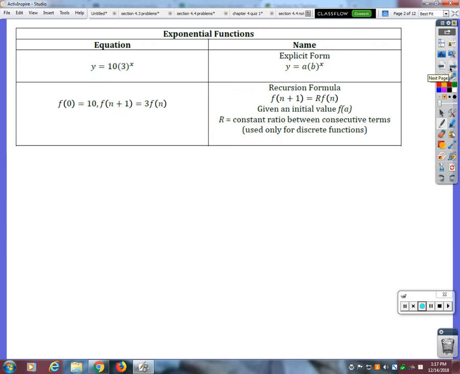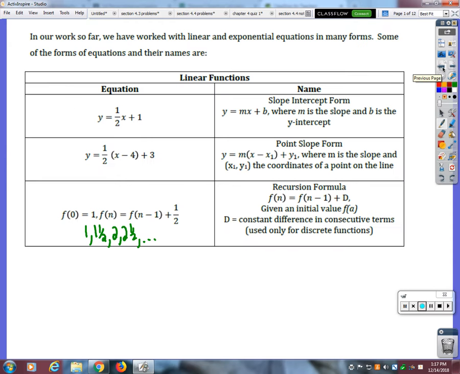Then we also did the exponential functions, which is where you're multiplying. So this right here where it says f of 0 equals 1, this is your starting number, and then this is what you do after that.